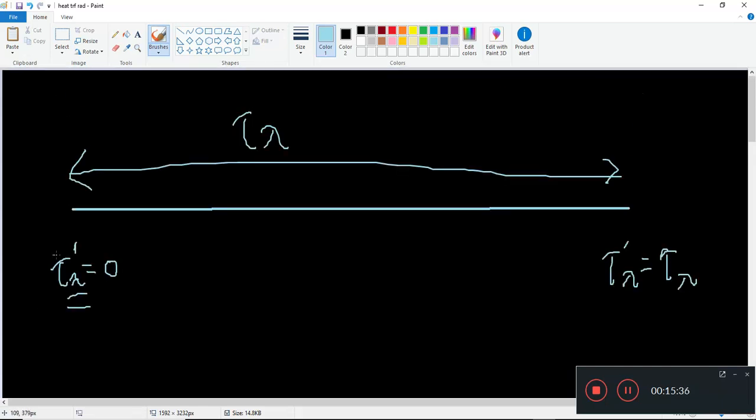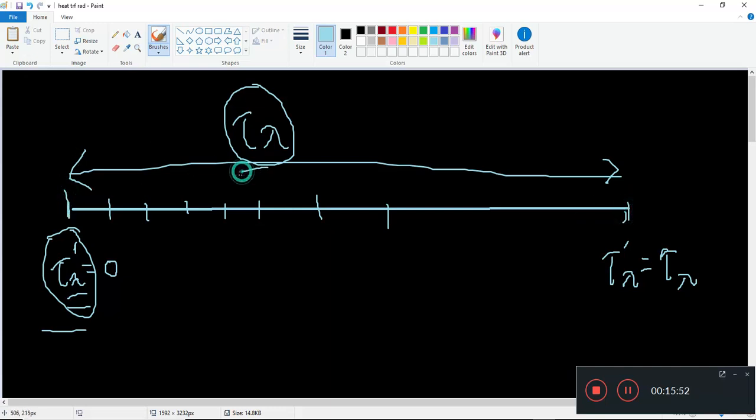The variable I use to describe whatever length along this whole line, I use tau lambda prime. When I want to refer to the length of this entire thing, I'll just use tau lambda. That is the difference between tau lambda prime and tau lambda in this equation.